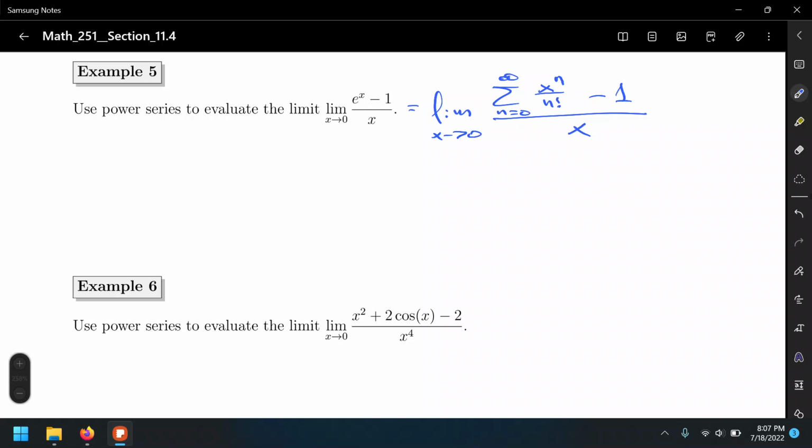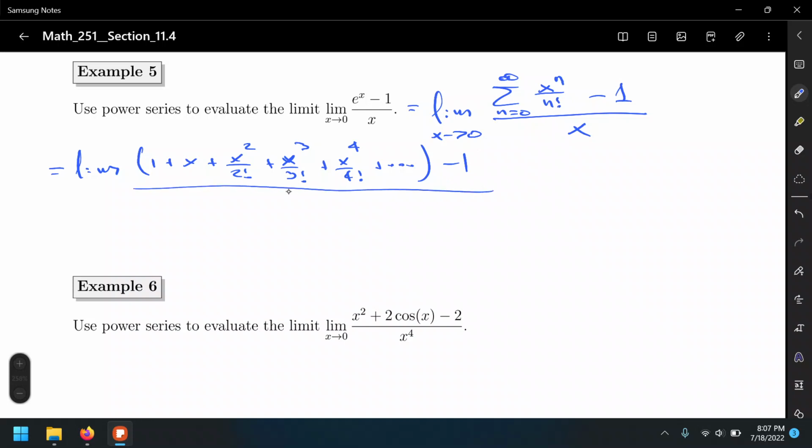We will expand a few terms of the series for the exponential function. So that's a limit of 1 plus x plus x squared over 2 factorial plus x cubed over 3 factorial plus x to the 4th over 4 factorial. Well, that's enough. And then don't forget this minus 1, and then the whole thing over x, as x approaches 0.